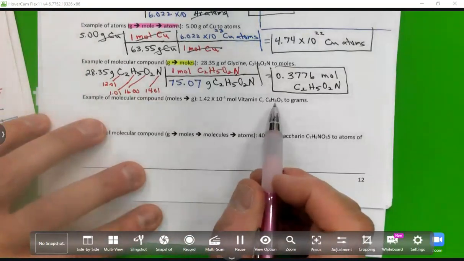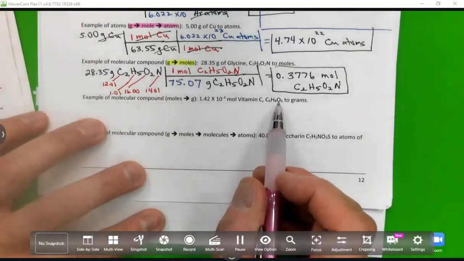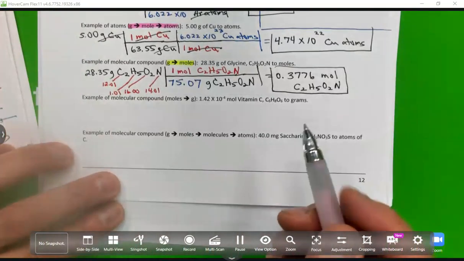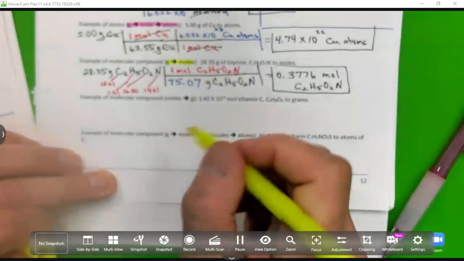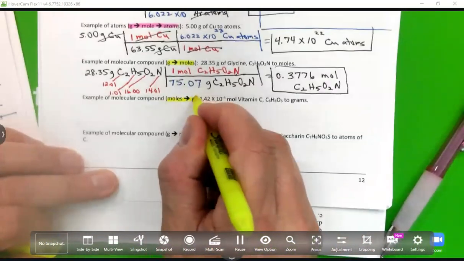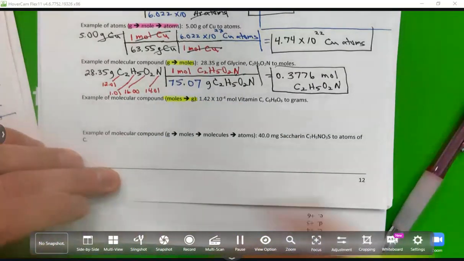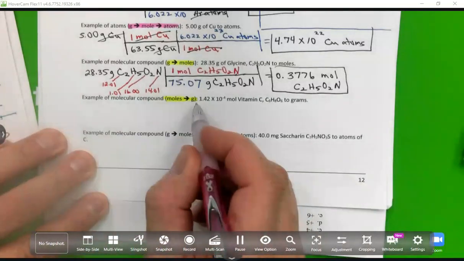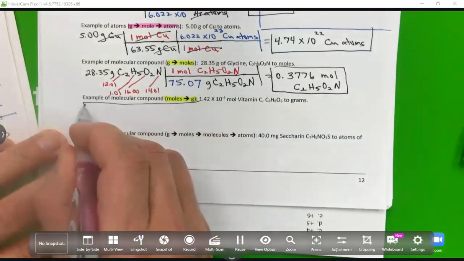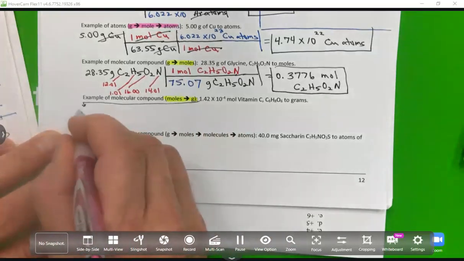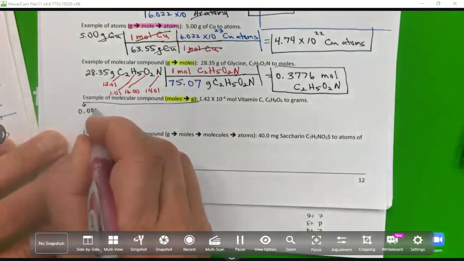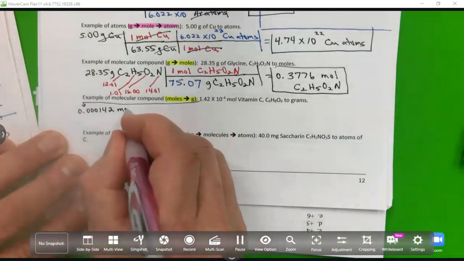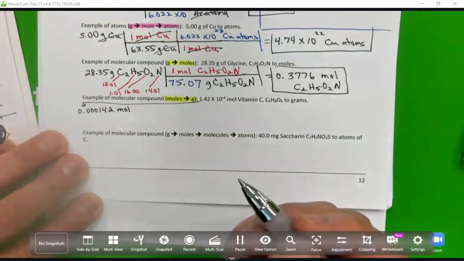Okay, vitamin C, we would call this molecules. It's made up of non-metal atoms, so the compound vitamin C, we'd refer to it as molecules. We have moles, we want to know grams. And I'm going to take this out of scientific notation: 0.000142 mole of C6H8O6.